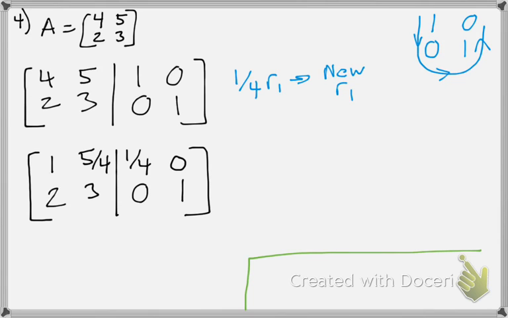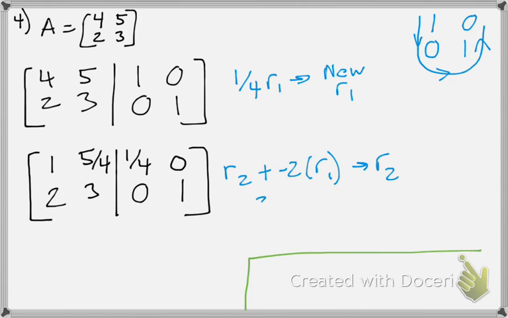Next, I want to get a 0 here. Again, it's kind of like this U shape. The upper left-hand corner is 1, then the lower left-hand corner is a 0. So I want to get this 2 to be a 0. In order to do that, I need to do row 2 plus -2 times row 1 to get the new row 2.